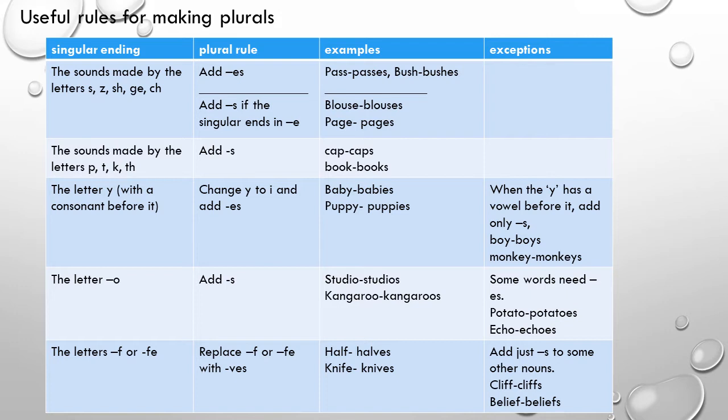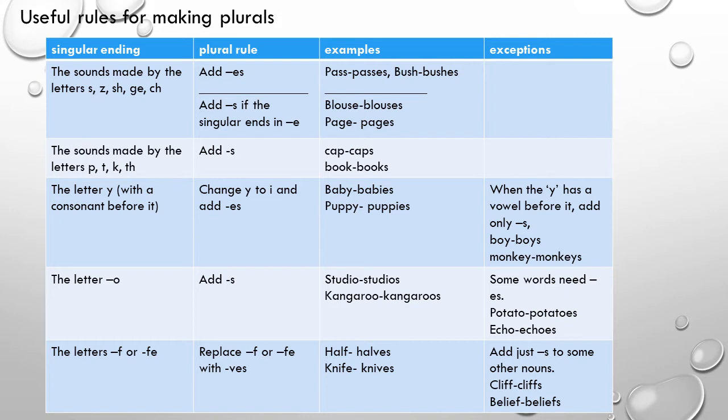In the third column, we have a few examples. The first example is pass, PASS, as the word ends in double S. So we will add ES to form plural. So the answer is passes. Similarly, there is another example, bush, the word ends in SH, and the answer would be bushes.